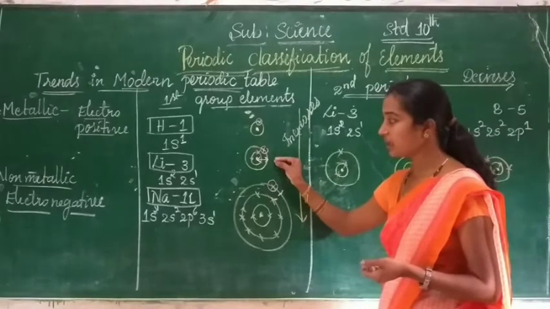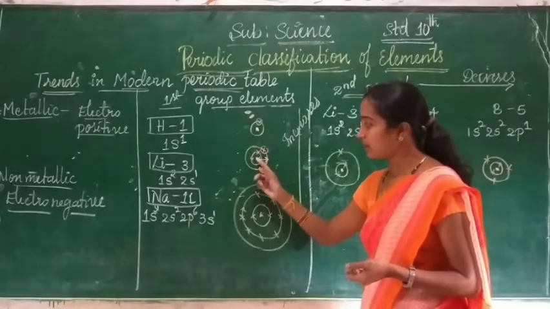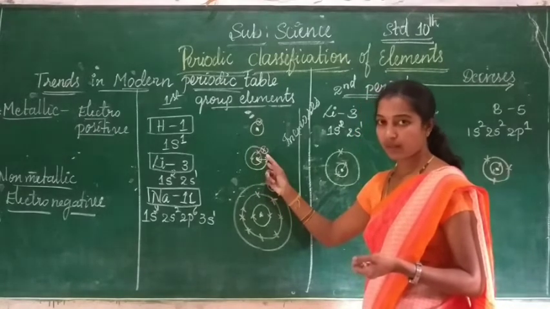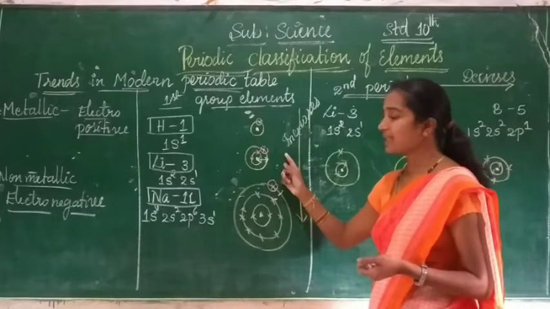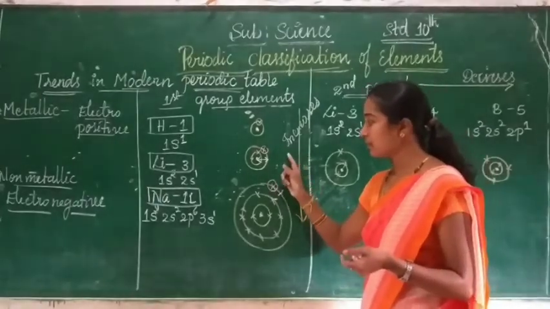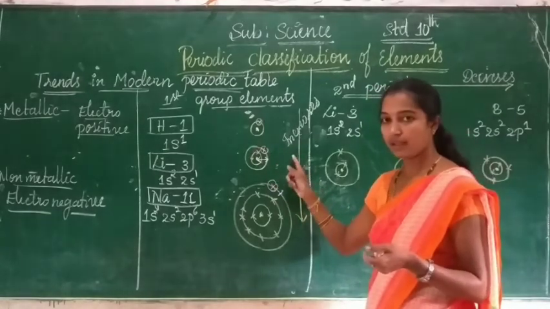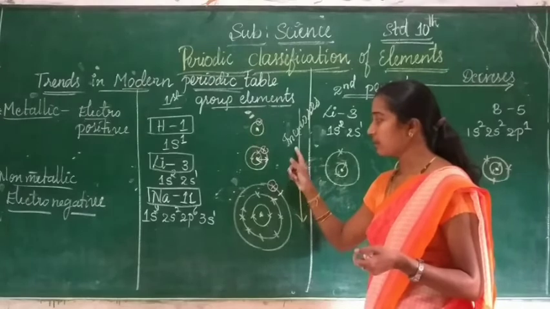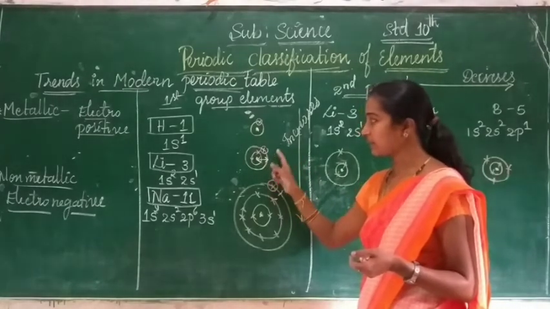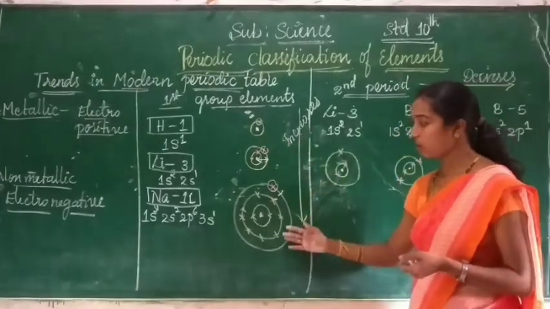Now come to lithium. Lithium already has two shells. The distance between the nucleus and the outermost shell is quite large. Here there is an atom, another atom is there, but it is difficult to receive. It is not so easily attracted by the other atom. It is difficult to receive the electron from the neighbor atom. Here the electronegative character is less. Now come to sodium.